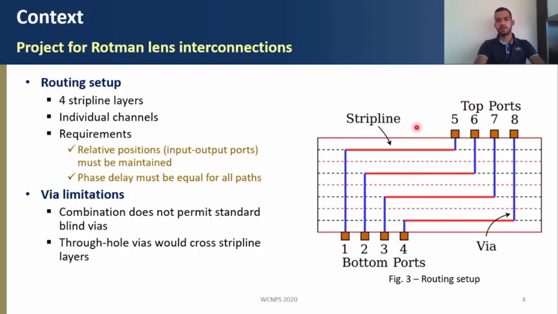It's easy to see here that this structure cannot be achieved using simple blind vias because of those crossing terminations. And if you use through-hole vias here, we would hit the strip line layer.